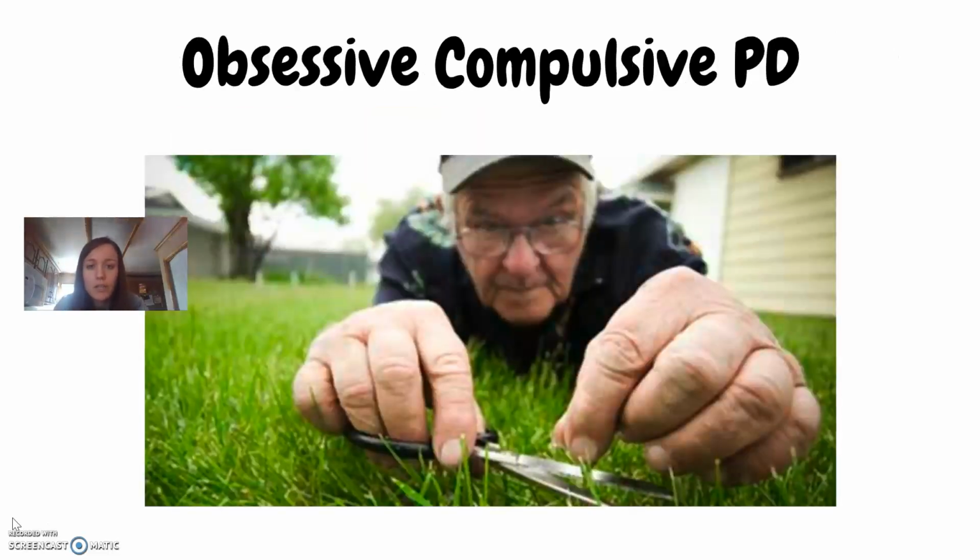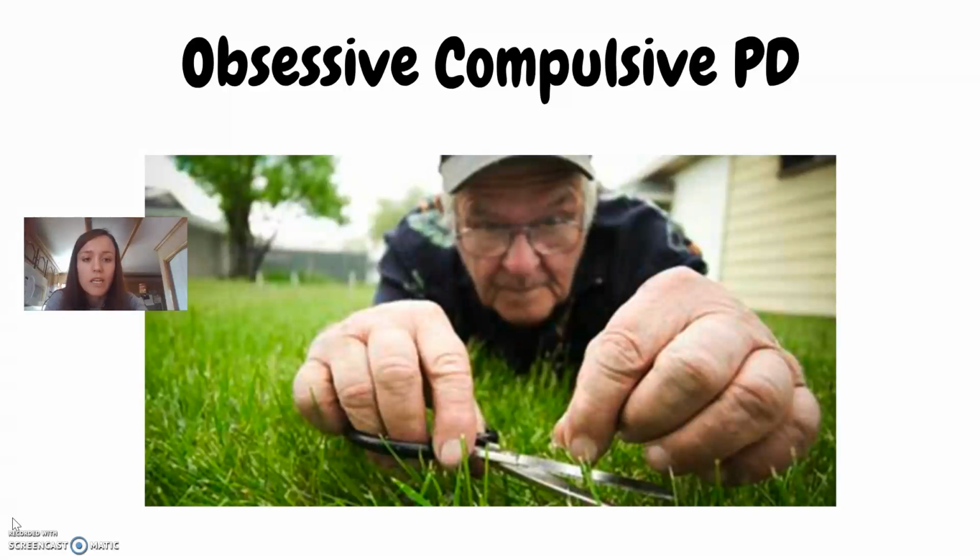Finally, we've got OCPD, and in your reading, I think they called it Antisocial, which you don't need to remember that. You just need to call it OCPD, Obsessive Compulsive Personality Disorder. This is where it can be a little bit confusing differentiating OCD from OCPD. But the way I think of it is OCPD is just strictly the person's personality type, as opposed to OCD, which is an intense anxiety disorder.